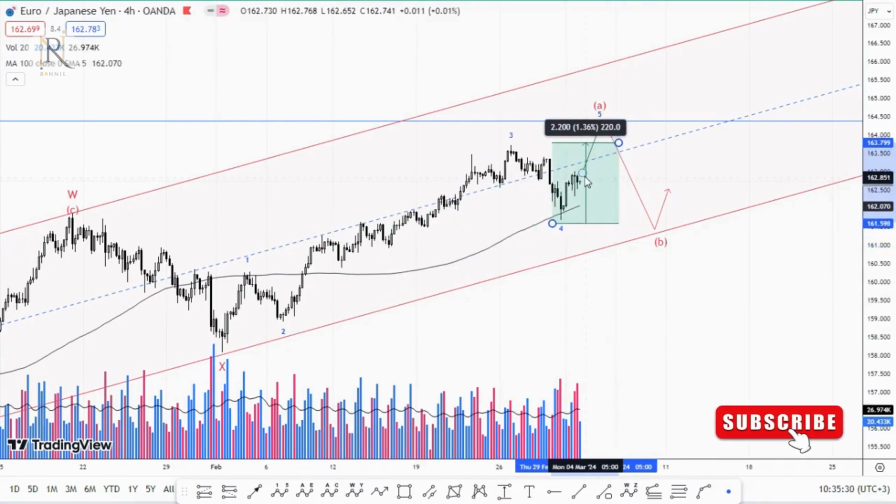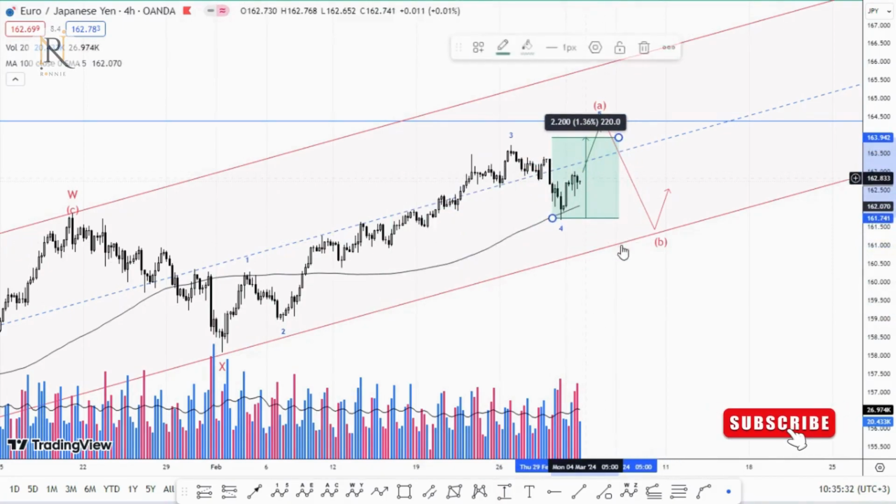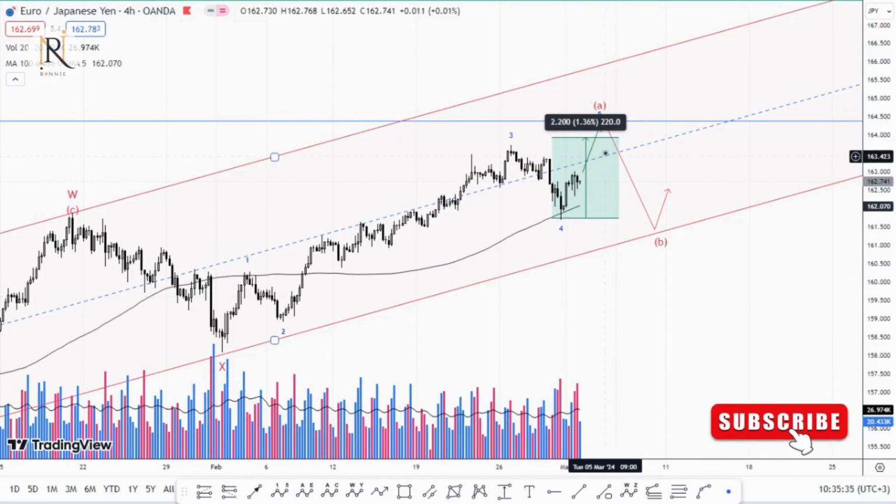What I mean is, if you look at this, our first point to consider as a completion of wave 5 is right at this point. That is our first point.